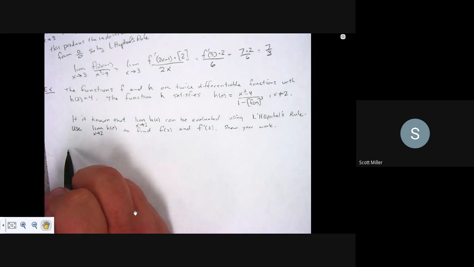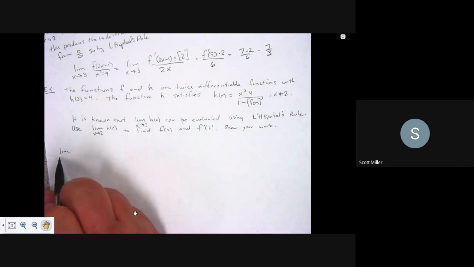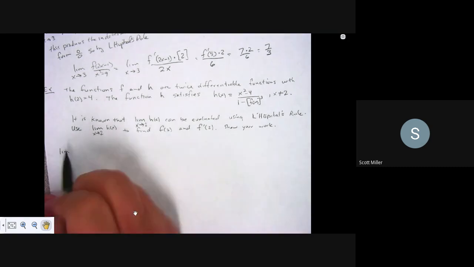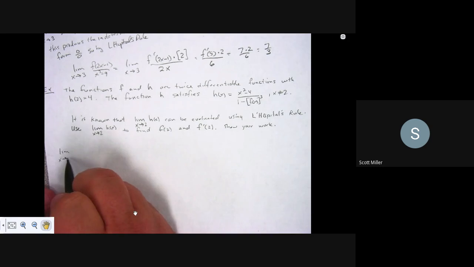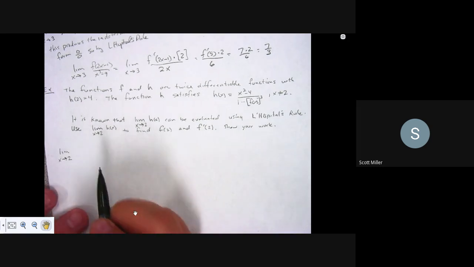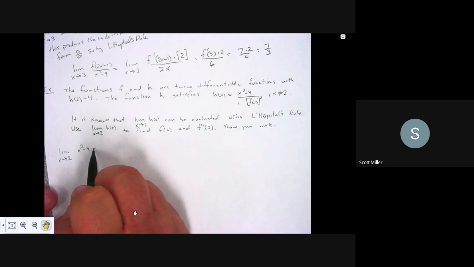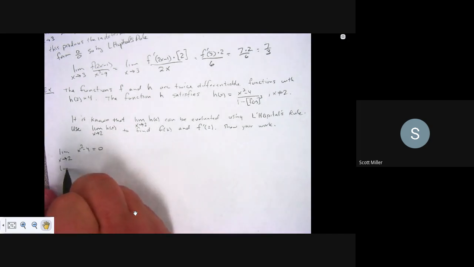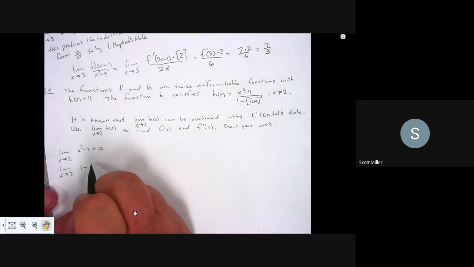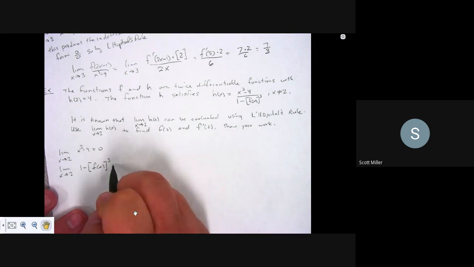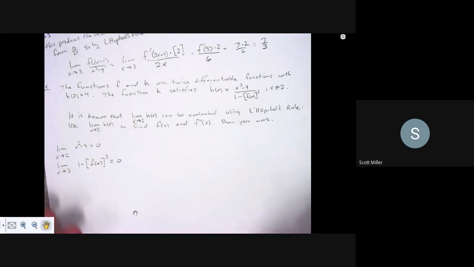So I know that the limit as x approaches 2 of the top is going to be equal to 0. And the limit as x approaches 2 of the bottom, which is 1 minus this quantity f of x to the third, also equals 0. Okay?